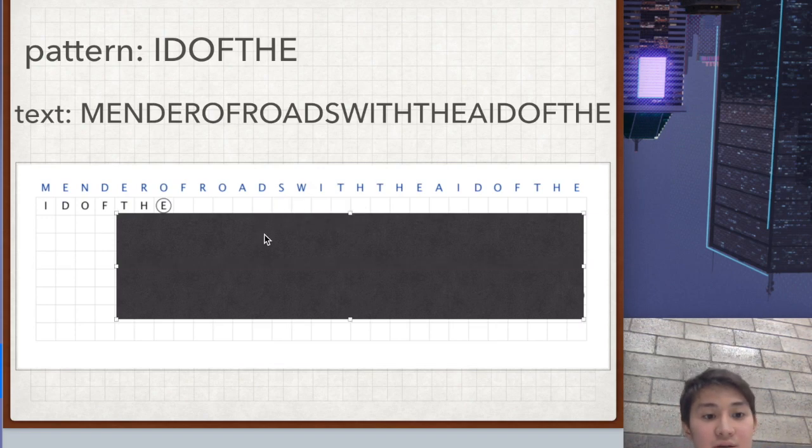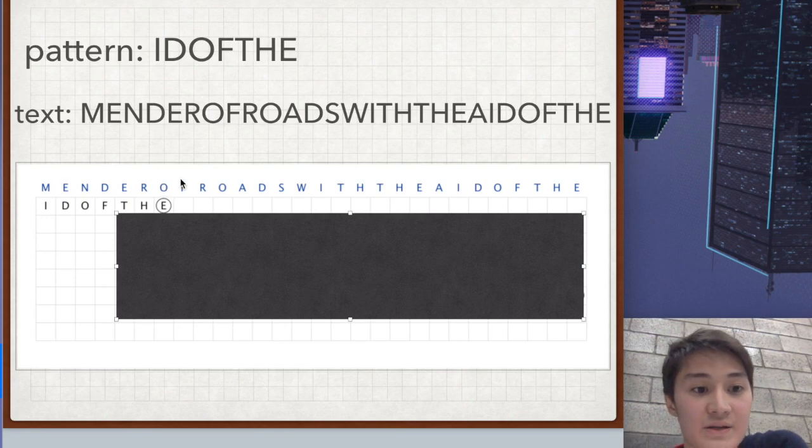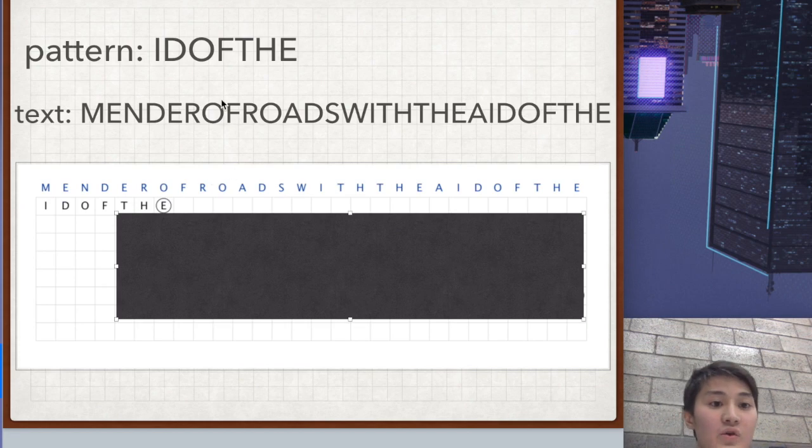First we compare the rightmost character of our pattern and this O. It isn't equal.